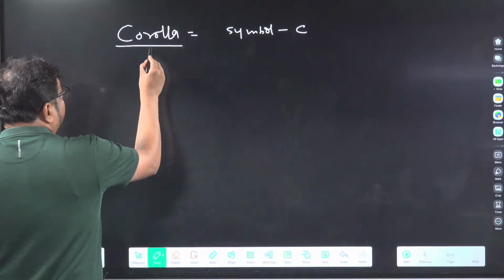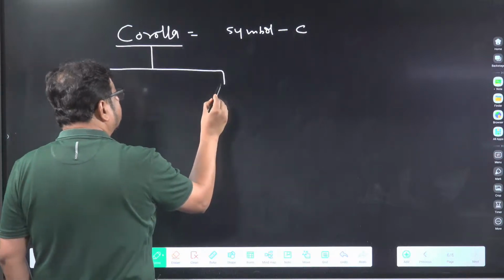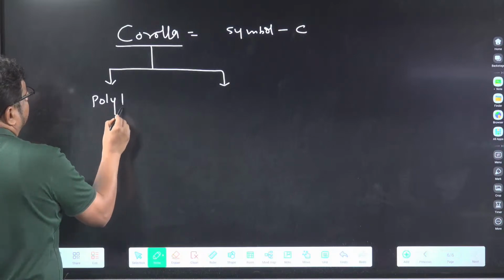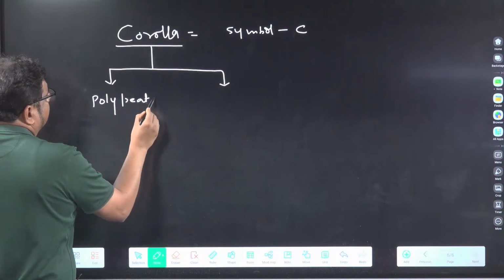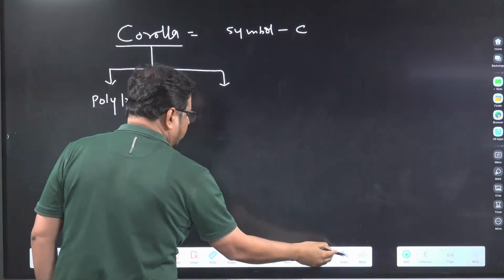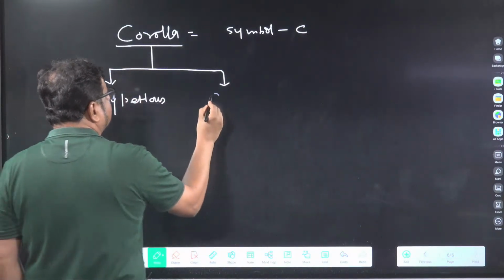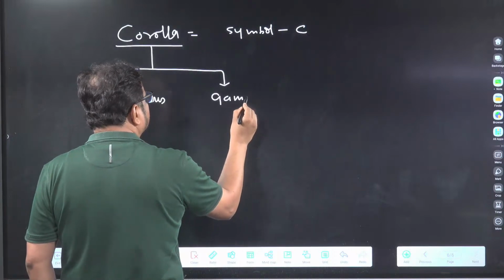Understanding the idea, here we also get two types of terms. One is polypetalous, and another is gamopetalous.